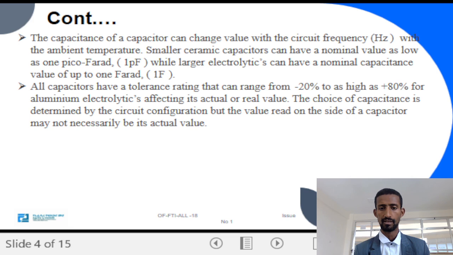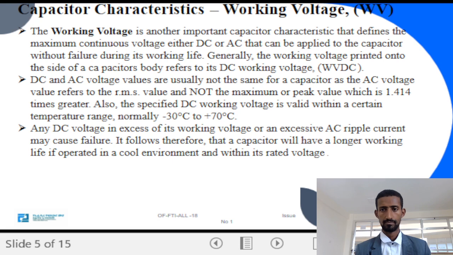It may vary by different factors, as I have already mentioned: by ambient temperature, by the frequency of the source, or due to its tolerance. So the nominal capacitance value is very important.